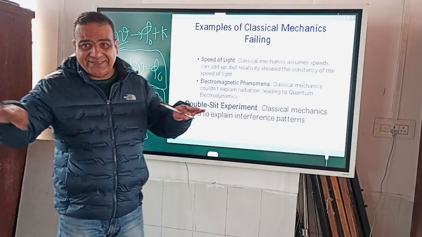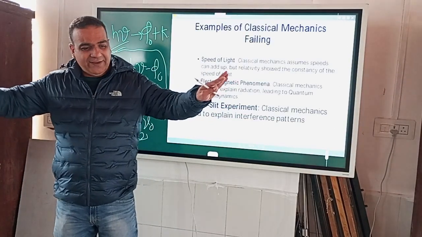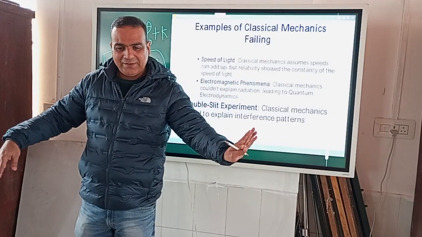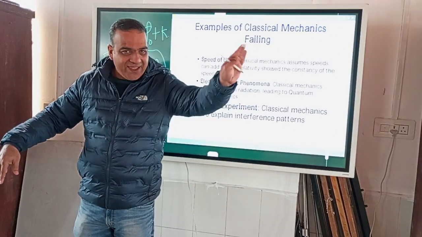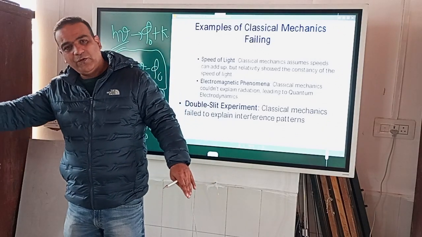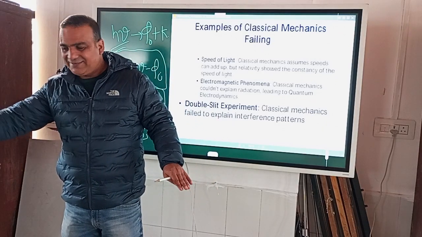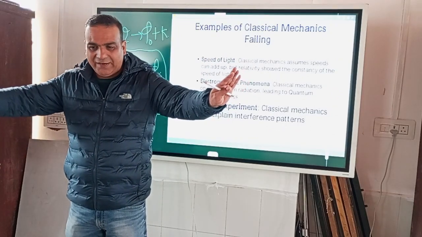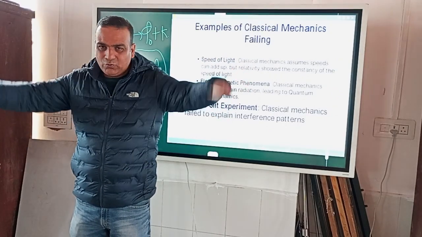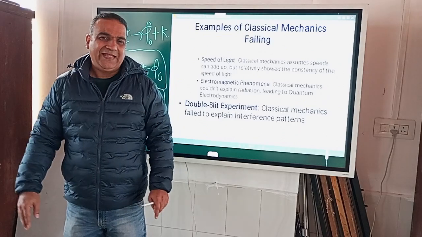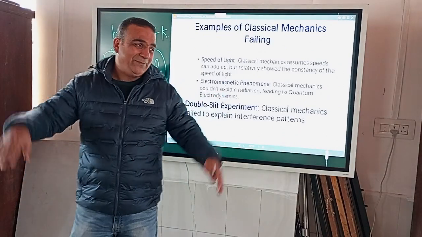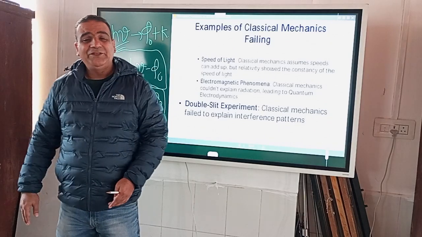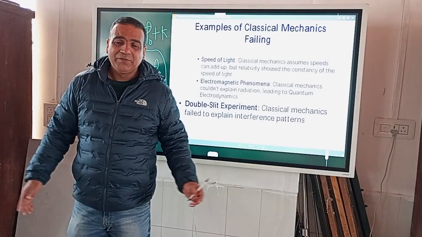Because, as I said, you have the theory of waves and then you have the theory of particles. You cannot extend the theory of particles to the theory of waves, and you cannot extend the theory of waves to the theory of particles. So in the classical domain, you have these two separate identities and you are treating them independently, but now you come across a particle which has a dual nature.